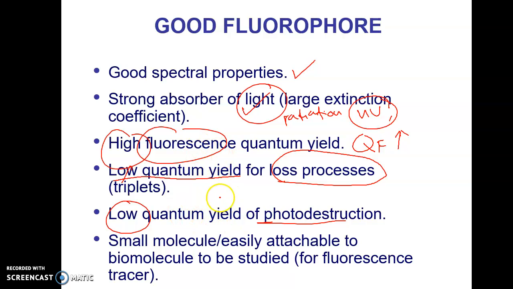A good fluorophore usually is a small molecule easily attached to a biomolecule or any biospecies, as a fluorescent tracer. Remember in the first few videos on fluorescent, I mentioned that biochemists or medicinal chemists use fluorescent compounds so that they can see the fluorescing compound under the microscope.